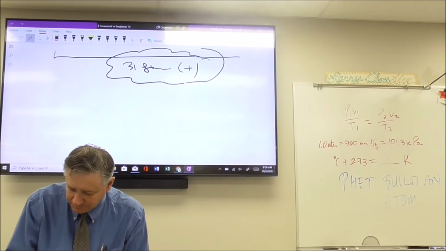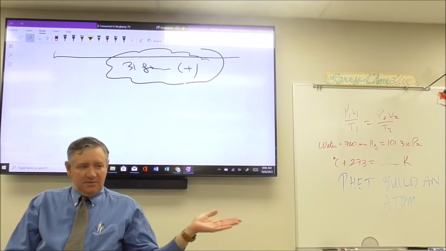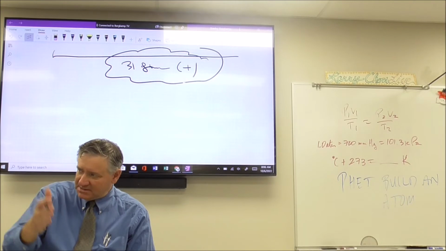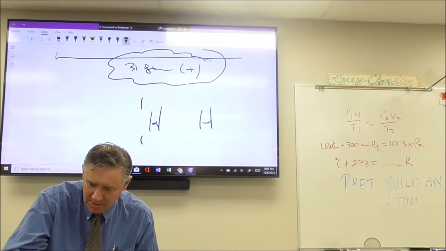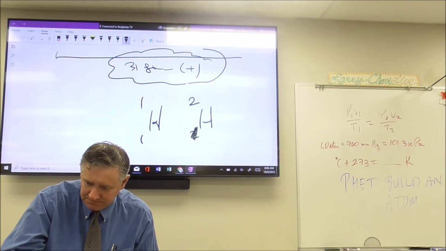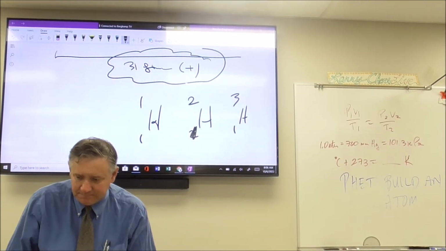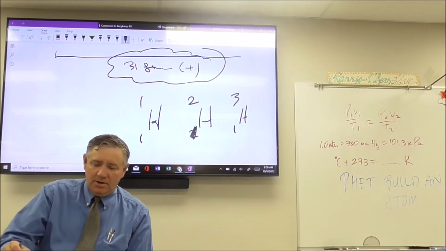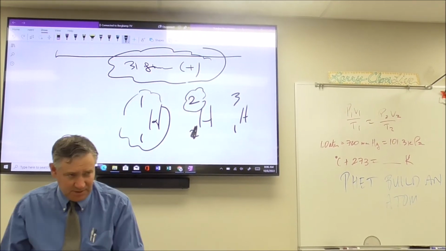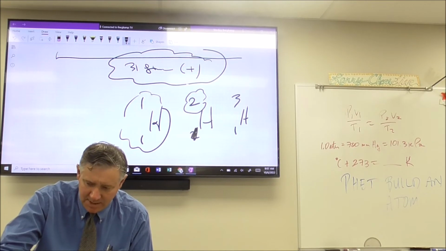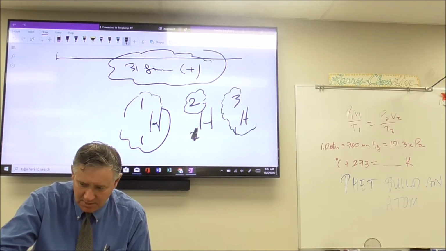So this is what we're going to talk about. You have your basic hydrogen, which is hydrogen 1,1. So you have your normal hydrogen, and then you have what's called deuterium, and then you have this, which is called tritium.